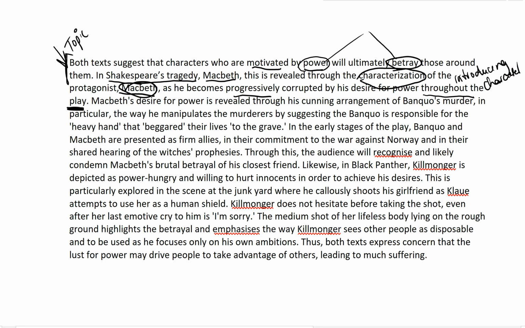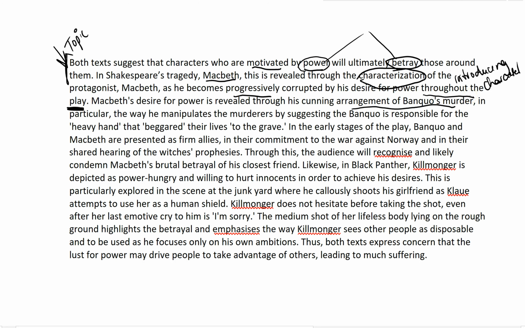And from character, we will then usually go to event or moment. So the character is Macbeth. The moment here is the arrangement of Banquo's murder. So Macbeth's desire for power is revealed through his cunning arrangement of Banquo's murder.